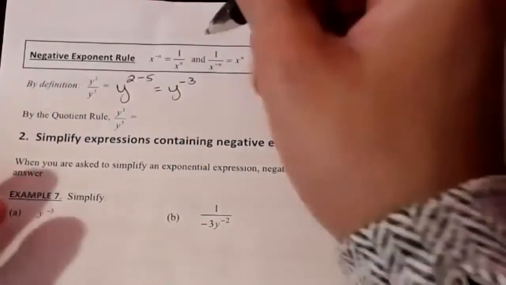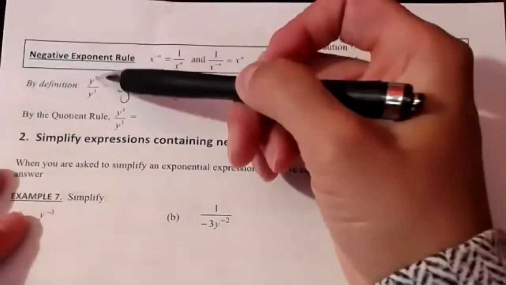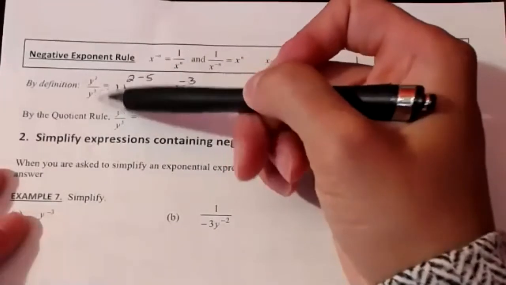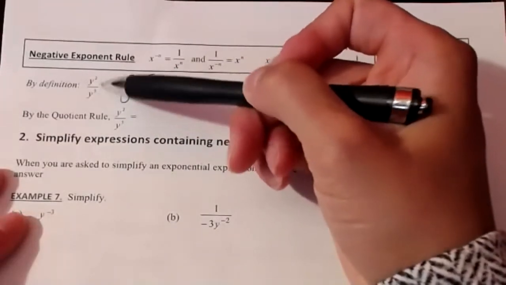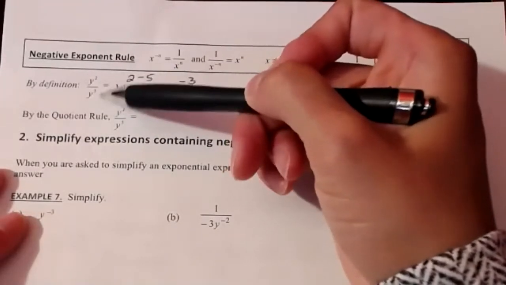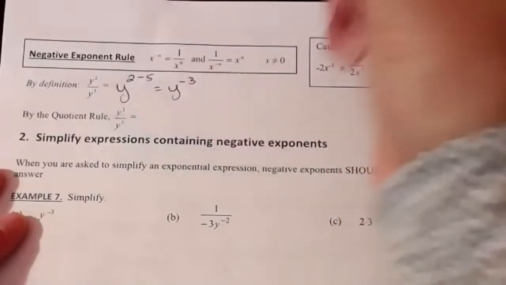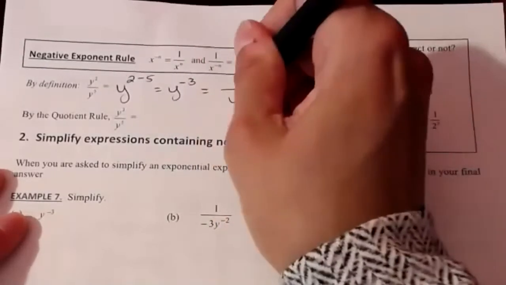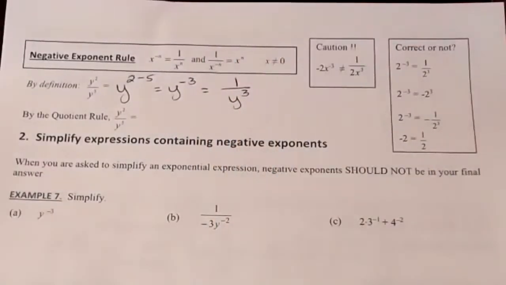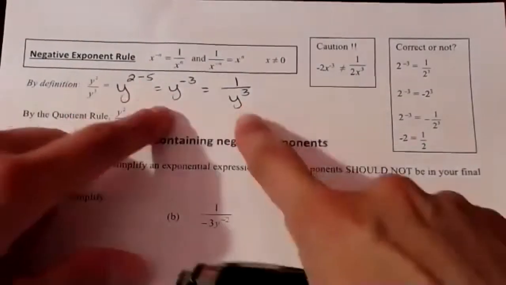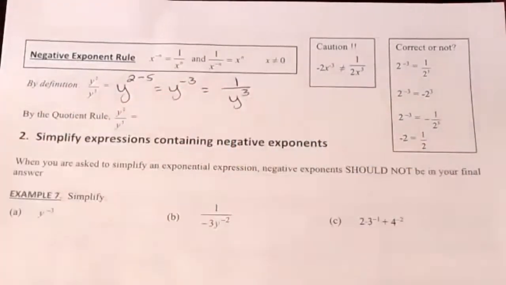But we recall that if we were to ask what you would have left and where, you'd tell me you'd have y to the third in the denominator. So y to the negative third must be rewritten as 1 over y to the third. These two are synonymous. They mean the same thing.